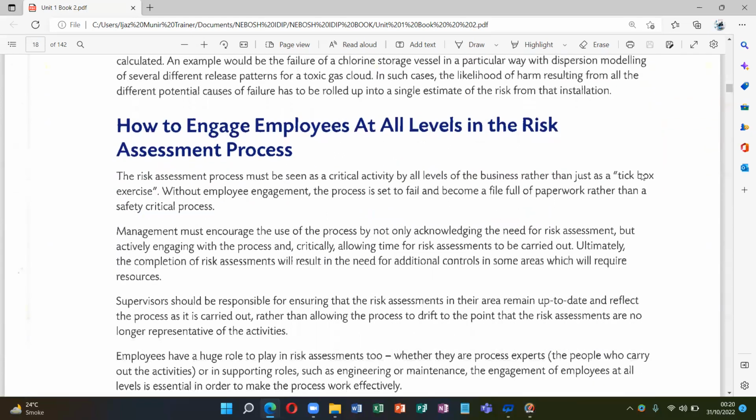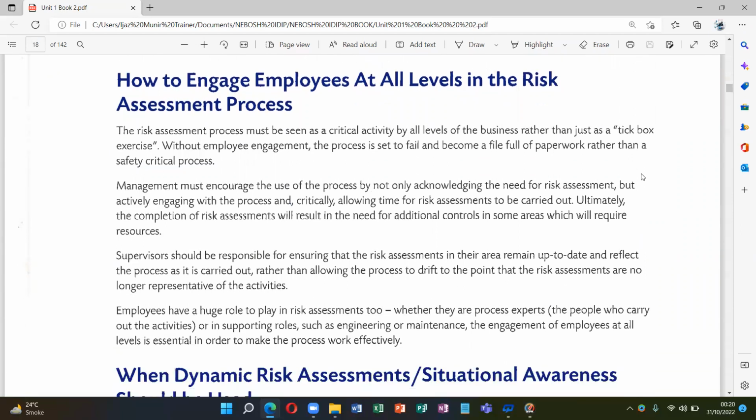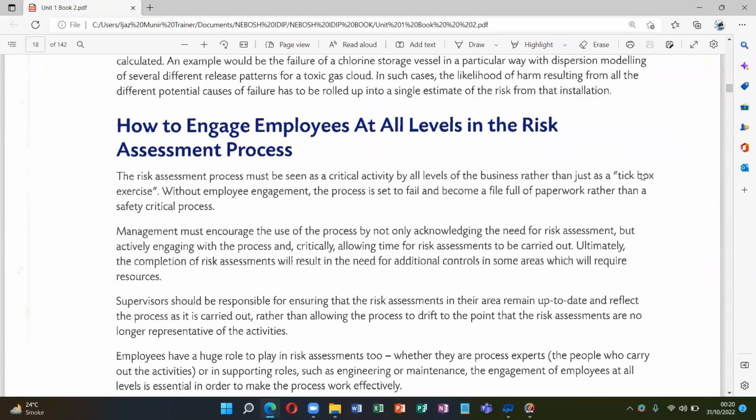How to engage employees at all levels in the risk assessment process. The risk assessment process must be seen as a critical activity by all levels of the business rather than just as a tick box exercise. Without employee engagement, the process is set to fail and become a file full of paperwork rather than a safety critical process.